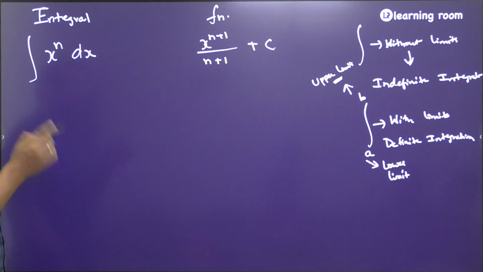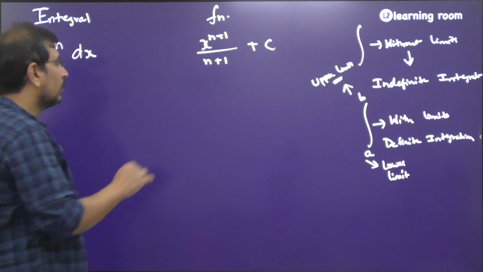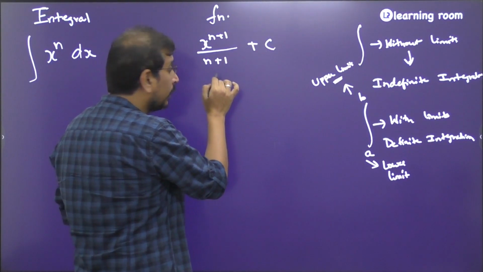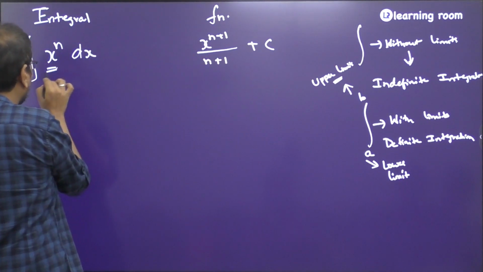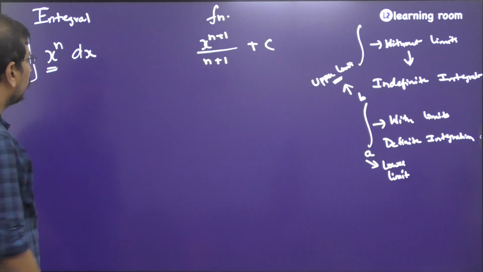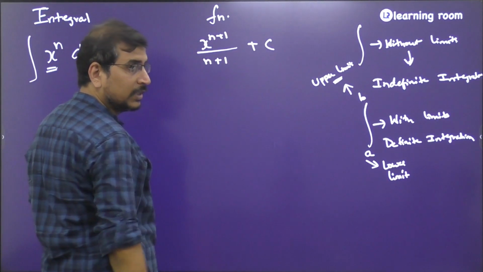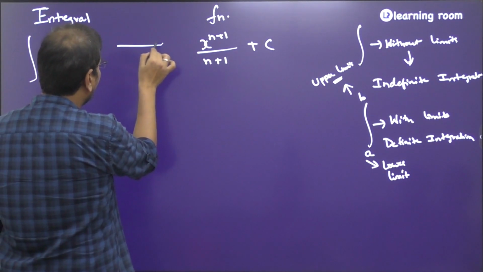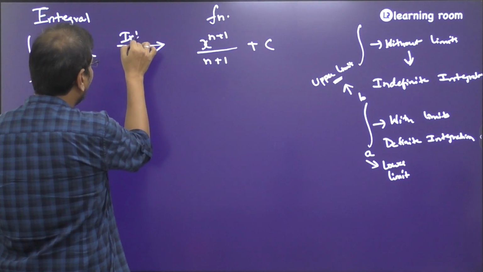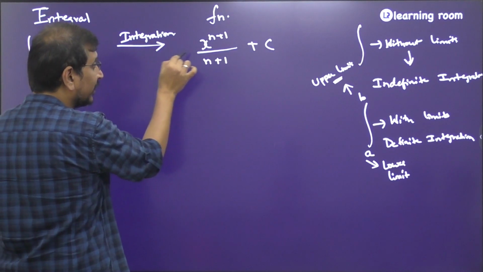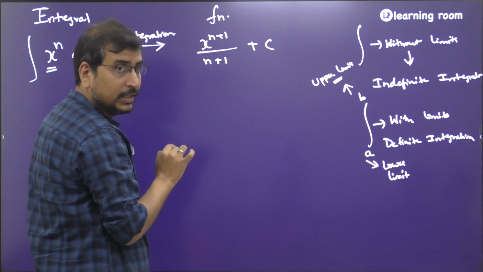Okay. The reason why we do that is because this is there, no. So this is the function. If I have to get back this question, then what I need to do is see if this is given on integrating x power n, I got x power n plus 1. So it is like this. On integration of x power n, I got x power n plus 1 by n plus 1.